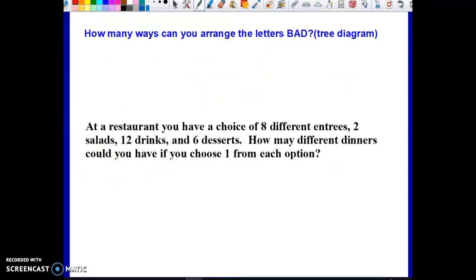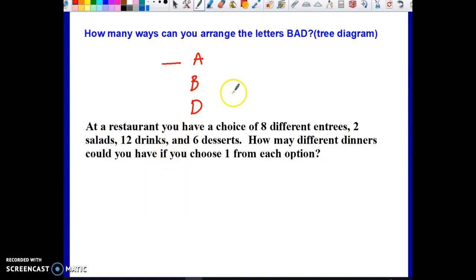So, how many ways can you arrange the letters BAD? In the first spot, how many choices do I have for the first letter? I can choose either a B, I could choose an A, or I could choose a D. I have 3 choices.